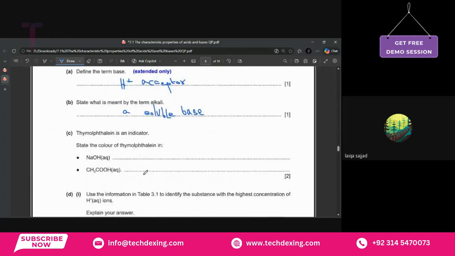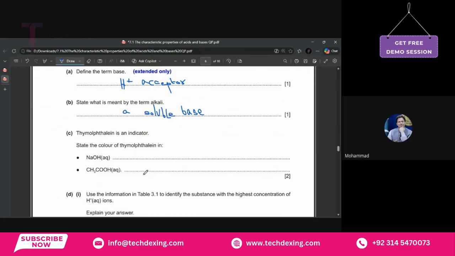Then we are given phenolphthalein, which is an indicator. State the color of phenolphthalein in sodium hydroxide and ethanoic acid. You have to simply identify the nature of the compound.